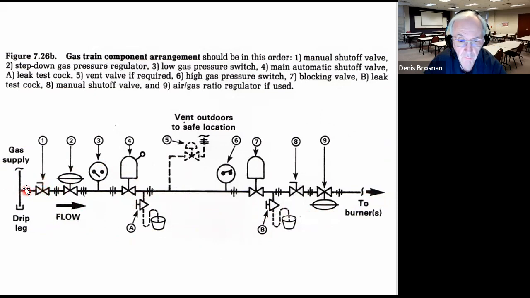Number one, we go from the gas supply, whether that's primary fuel or backup fuel, and we're going to have a shutoff valve right here. Later on, we're going to describe what kind of valve it is, typically what we call a ball valve. We'll go from that into a regulator. The purpose of the regulator is to take the gas supply pressure and reduce it to a pressure that is used in your combustion system.